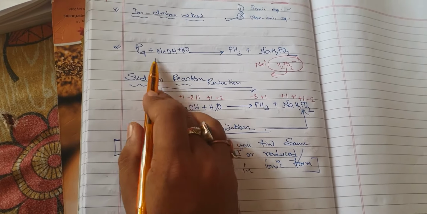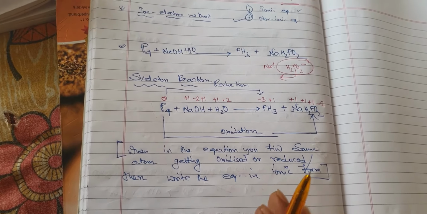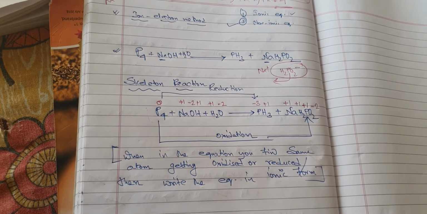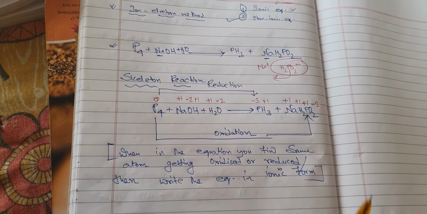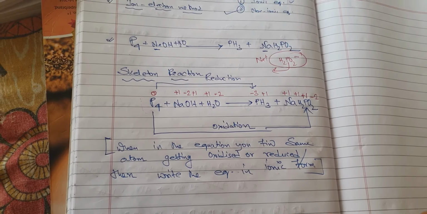So now, how to write it in ionic form? Remember, whenever you convert it into ionic form, if the oxidation number of the metal remains the same, eliminate that metal. Just the elimination of the metal you do.